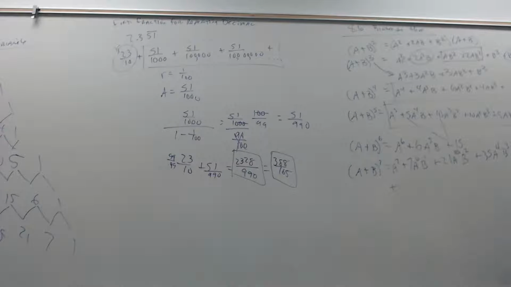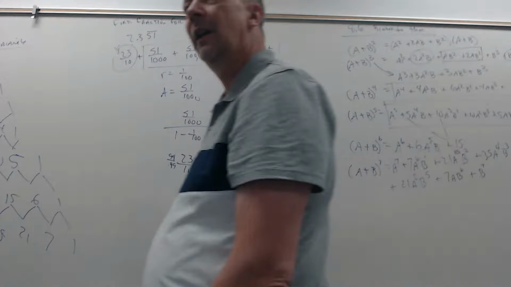Plus 21, A squared, B to the 5th. Plus 7, A, B to the 6th, plus B to the 7th. Okay, does that make sense?